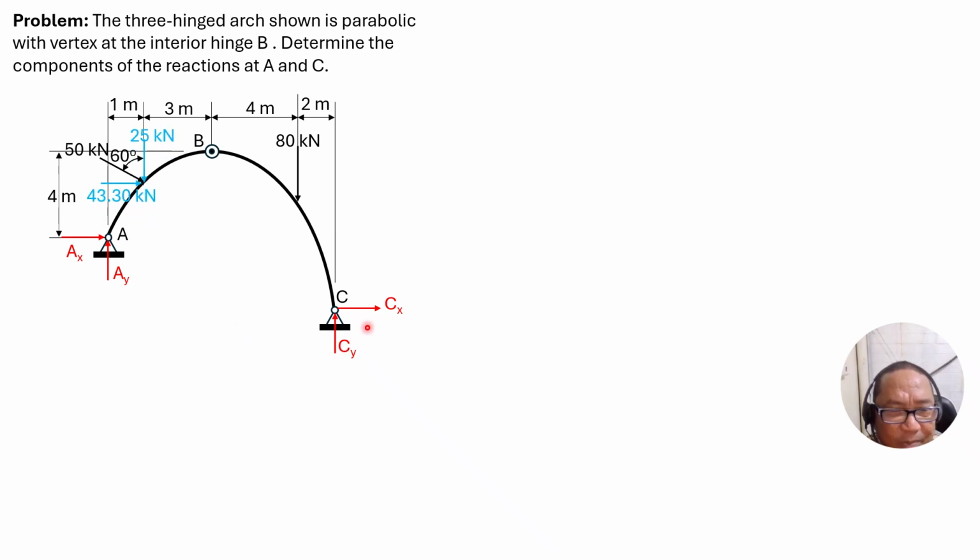So summation of moments about C equals 0, clockwise positive, after the square property of parabola.